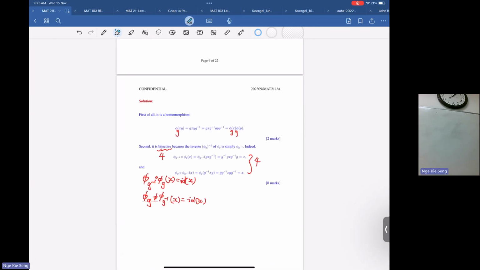Okay, so you say I can check. This 2 marks was given for what? For freedom. Okay, I give you 4 marks for bijective. Then more. This one where you say is wrong.